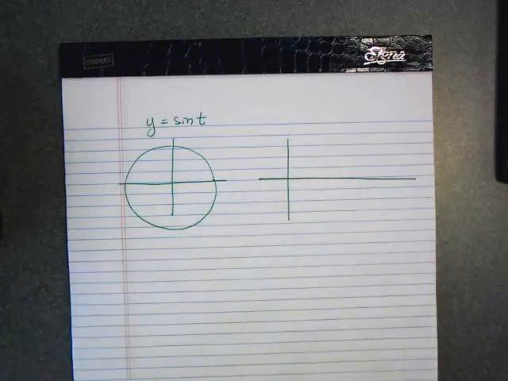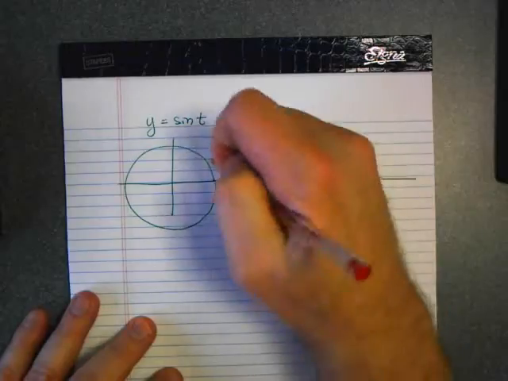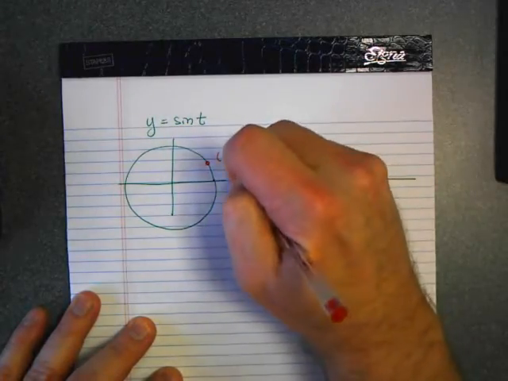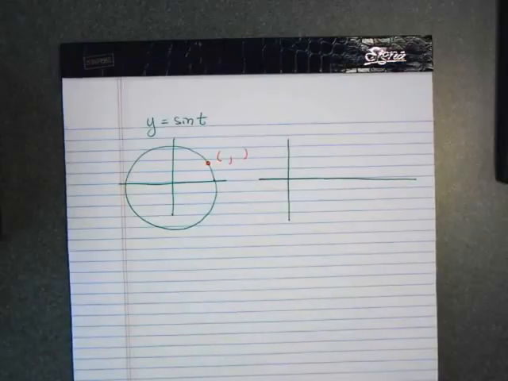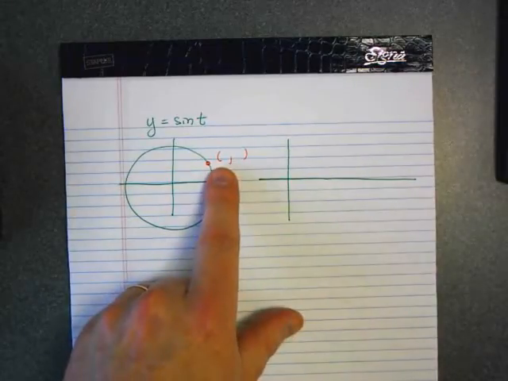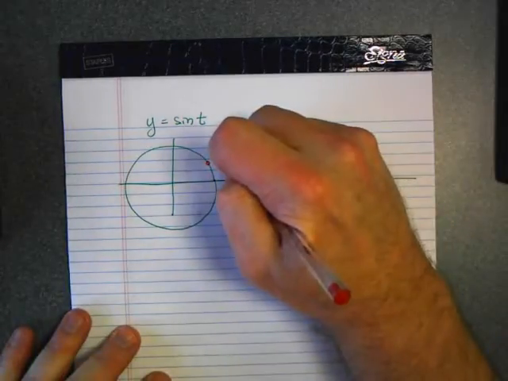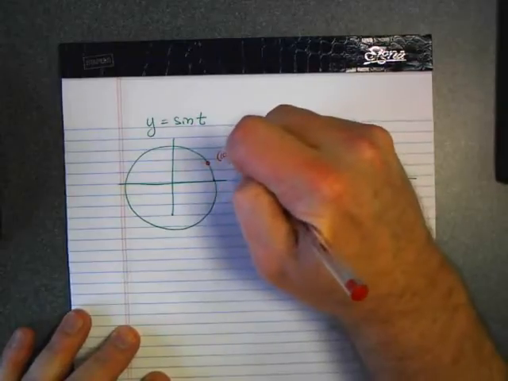Because I really want to think about when I pick a point on this circle right here, what's the x value? Is it cosine or sine? X is cosine and y is sine.